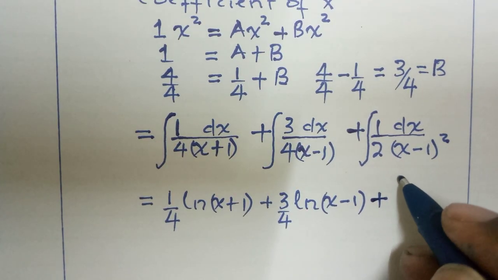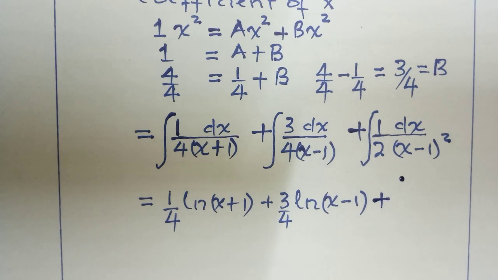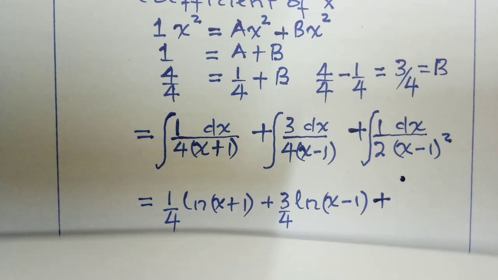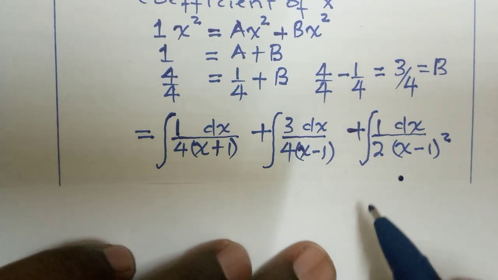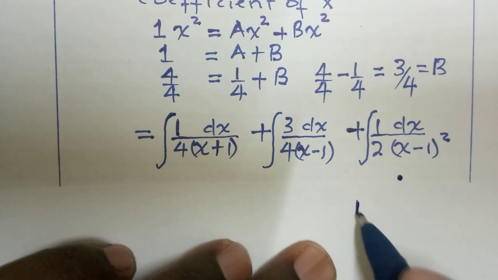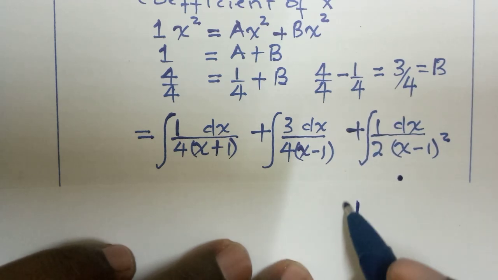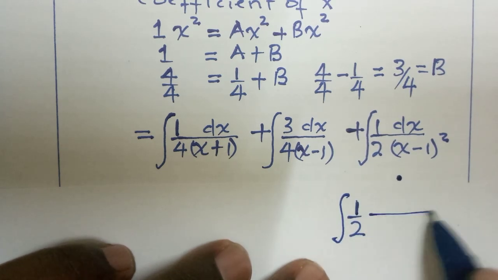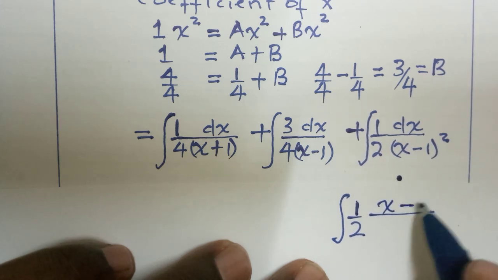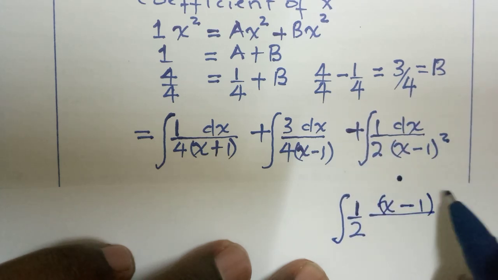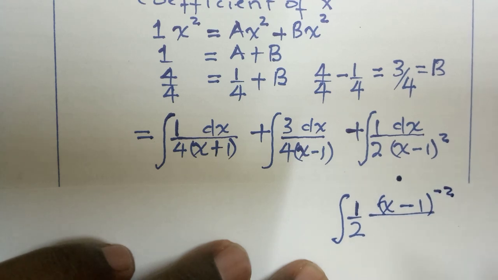Let me put the integral first, but instead of putting the integral, let me use another sheet, guys, to do that. So let me use this sheet here, so that now I can write a half like that. I now put this one above, so that it will be x minus 1, and then I put -2. So if I integrate that one, guys, you'll have a half.